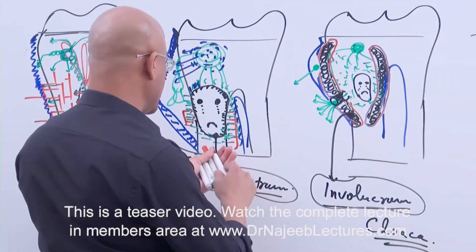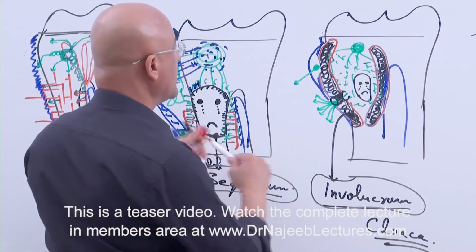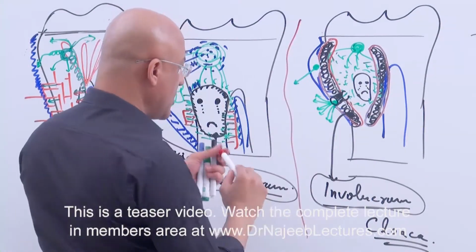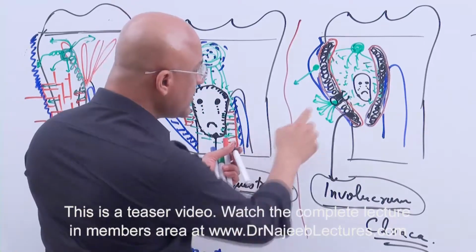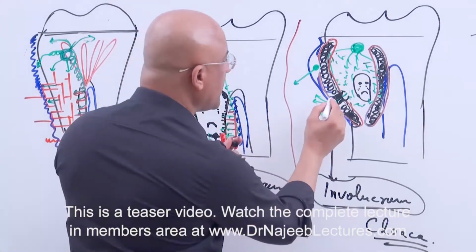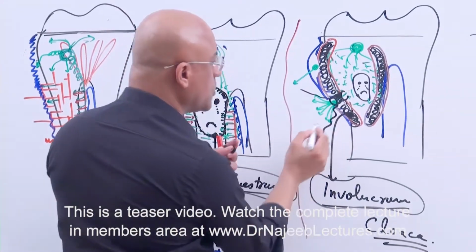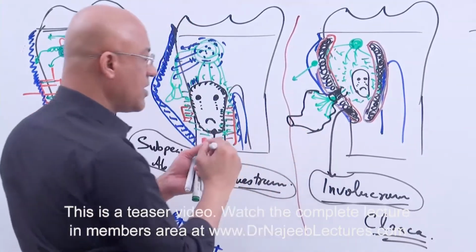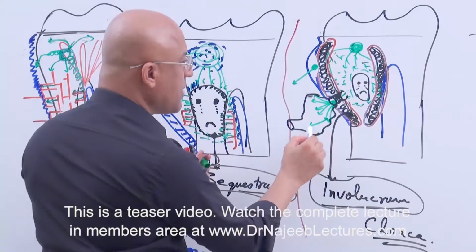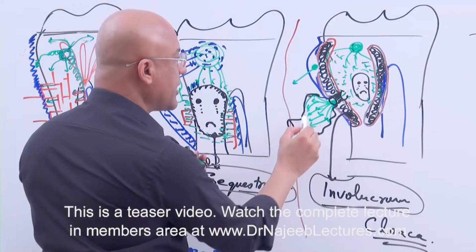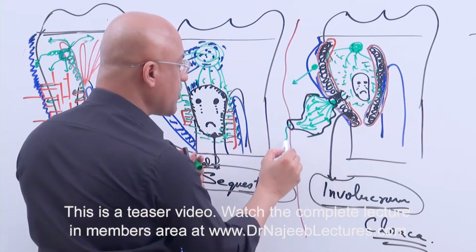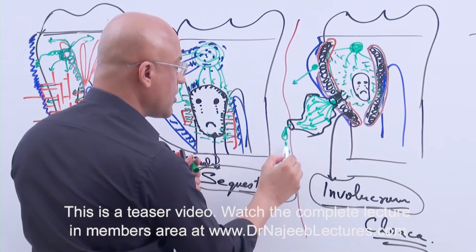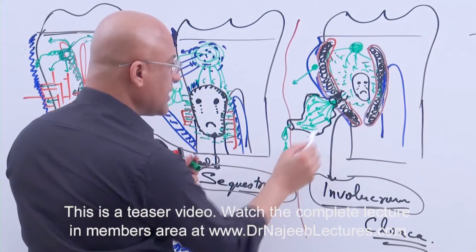And let's suppose here is the skin. Eventually, this pus will make a pathway, damage the local tissue, and come to the surface of the body, and from here the pus comes out.